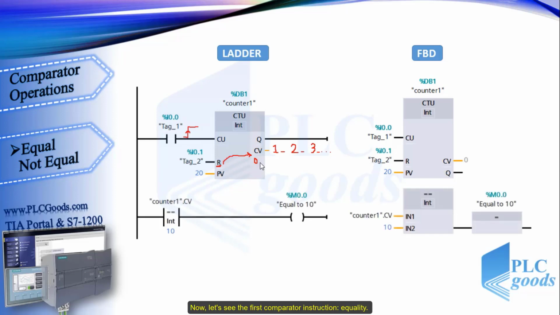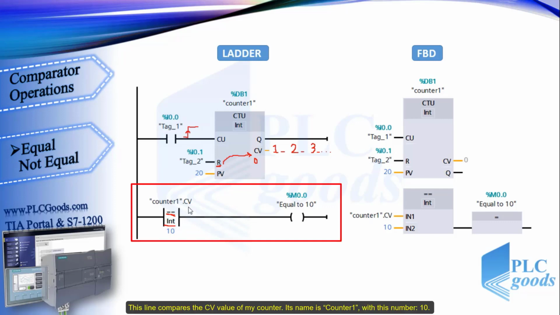Now let's see the first comparator instruction, equality. For each comparator instruction, here we must determine the type of data which are going to be compared. Here I have selected the integer format.